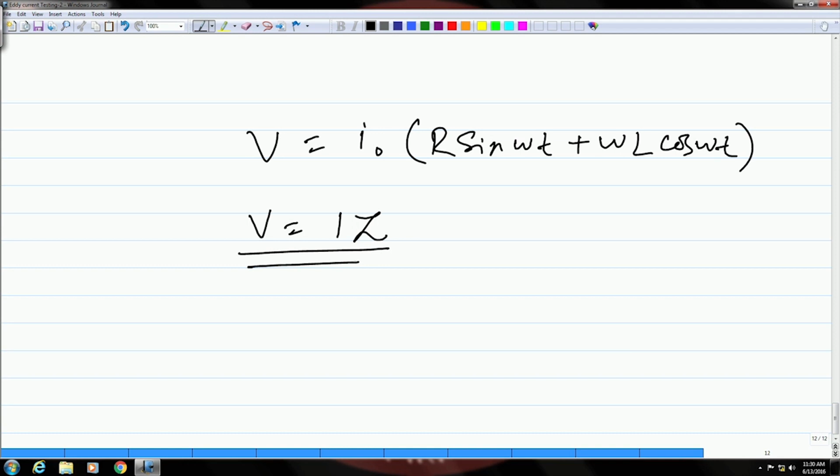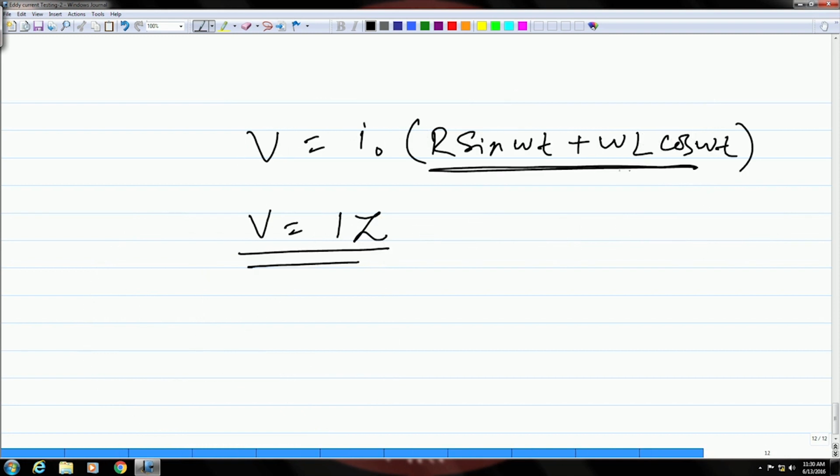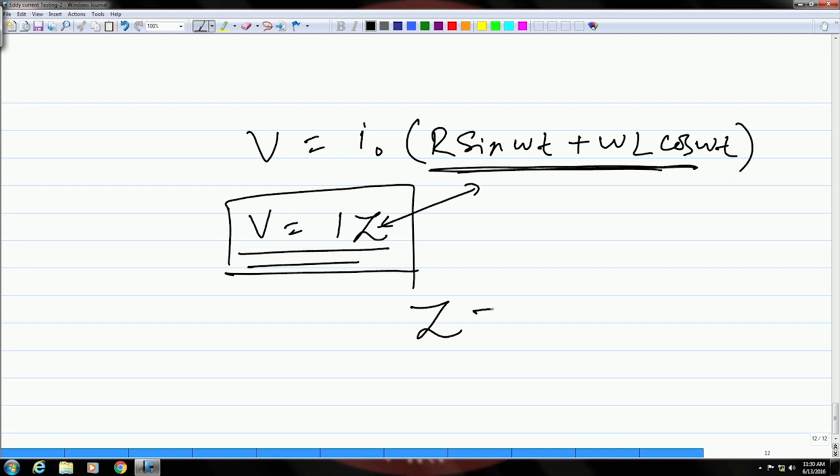That means if you replace this parameter with this Z, it gives you the same relationship. So, that means Z is equal to this. Okay, so this is the expression for Z.